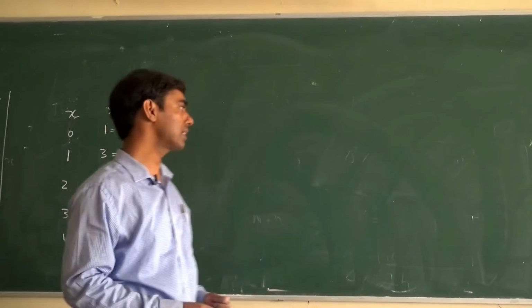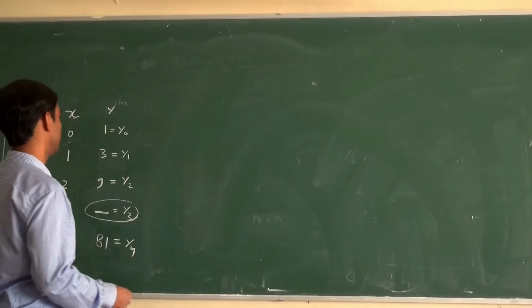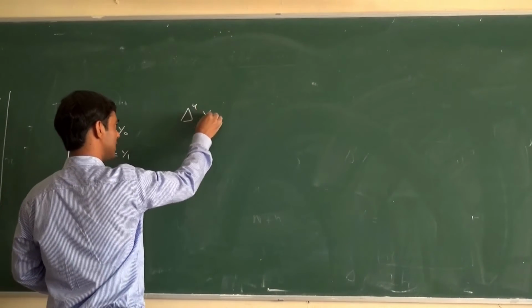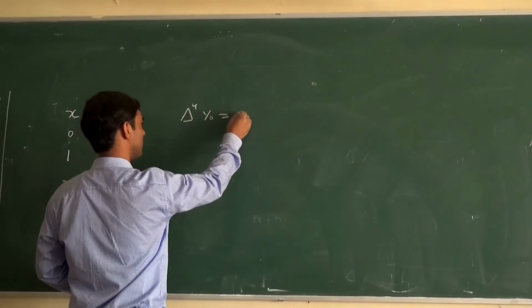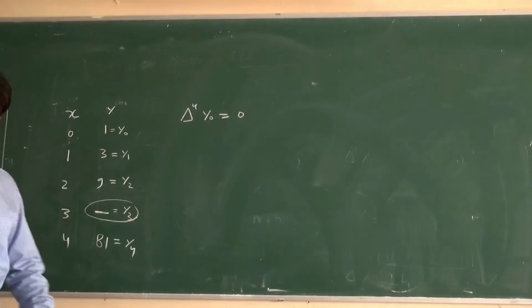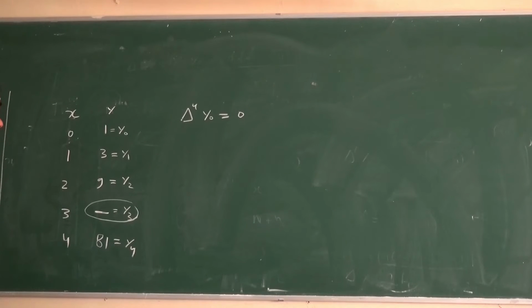So the fourth difference becomes 0. This means Δ⁴y0 is 0.